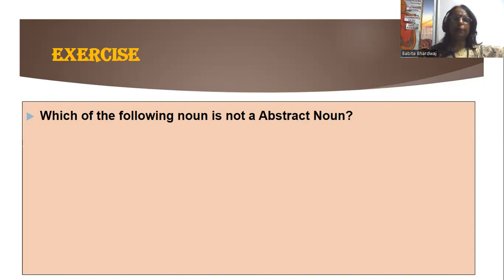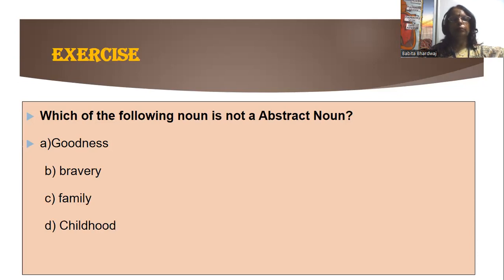So if it is not abstract, then it has to be material, which we can touch or feel. So here you can see goodness, bravery, family, and childhood. So out of these, C is not an abstract noun. So your answer is C.